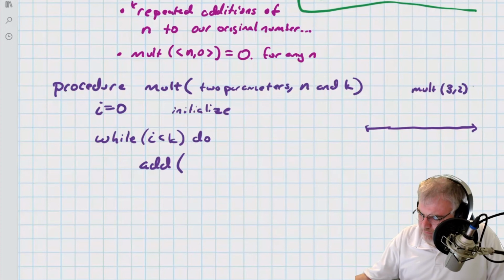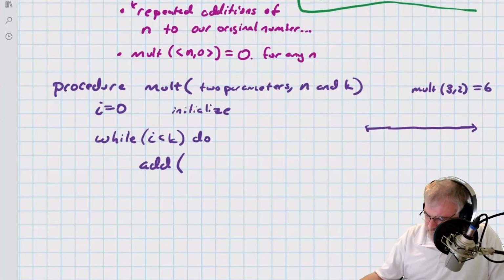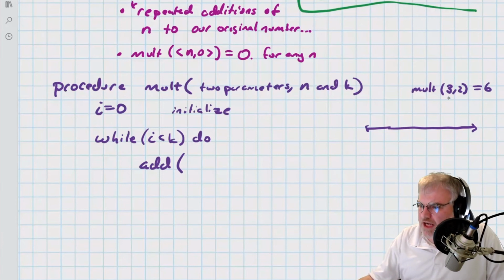So I should wind up with the number 6. Yeah, so someone in chat has it. I need to start with 0. I don't want to add 3 twice to 3, because where I want to end up is 6.